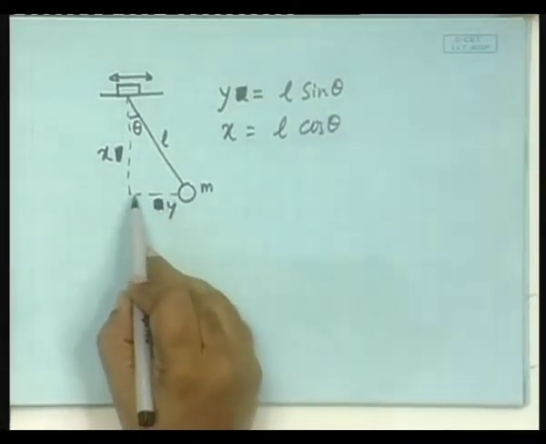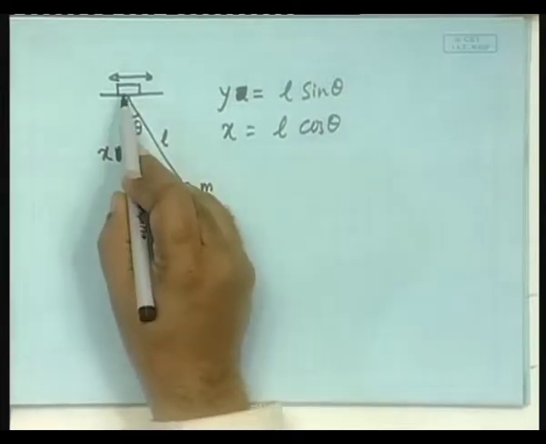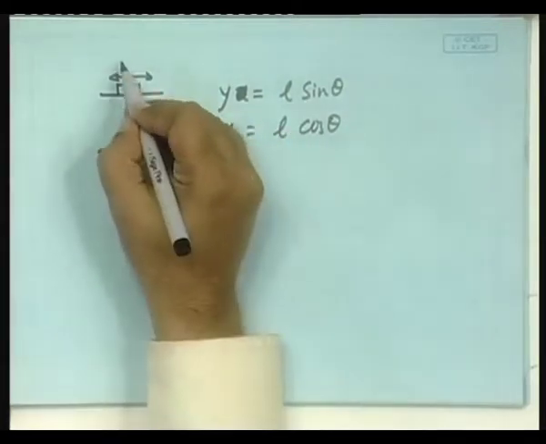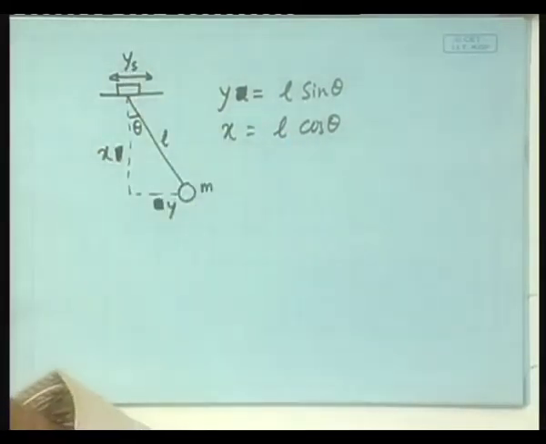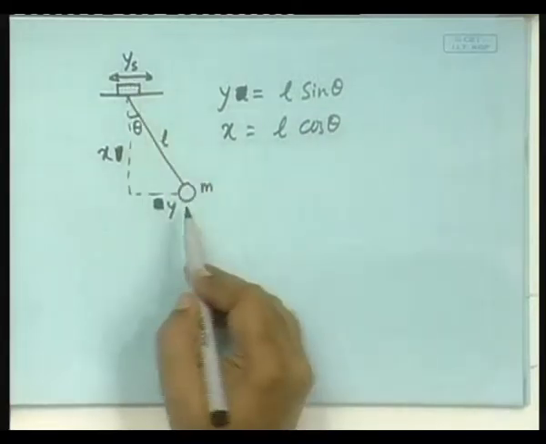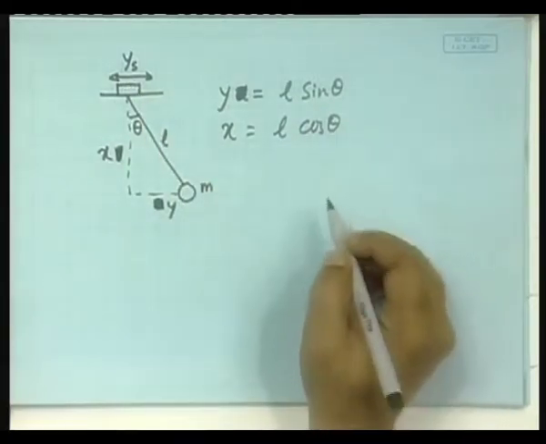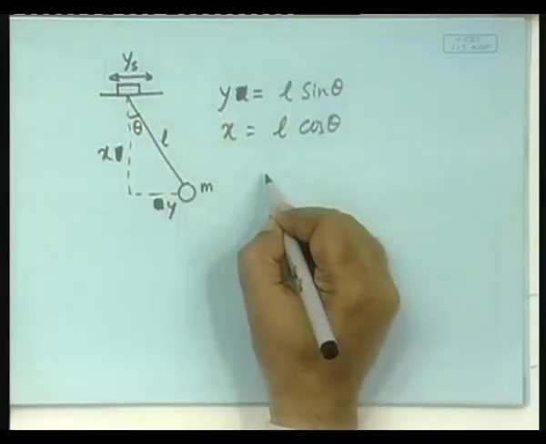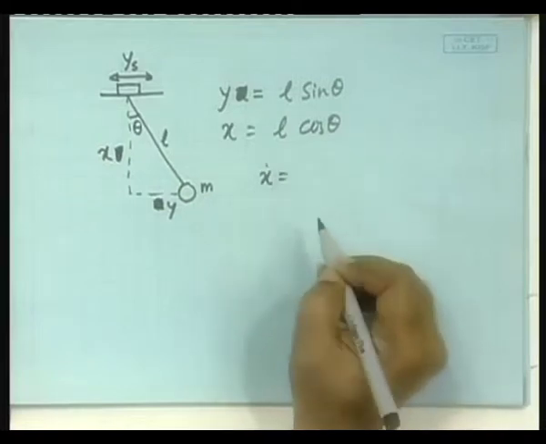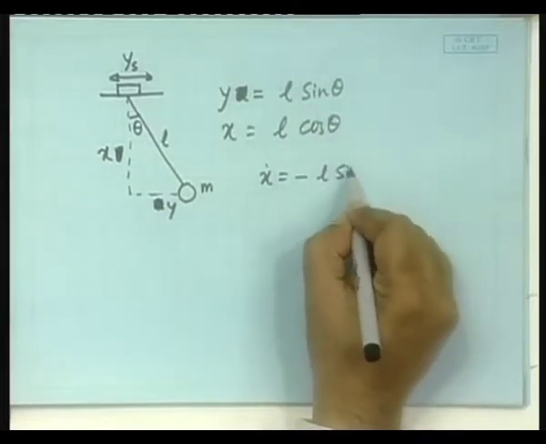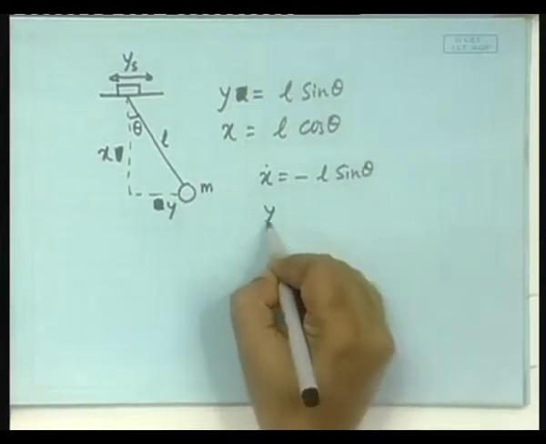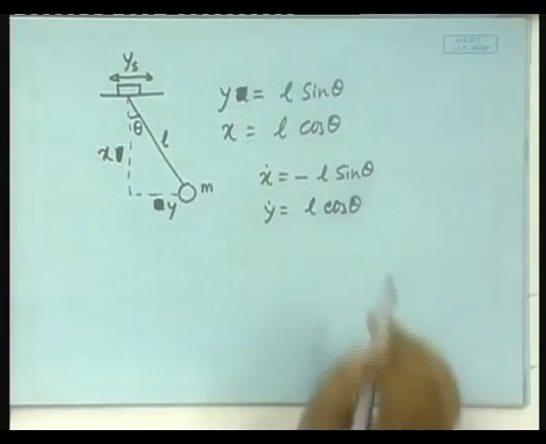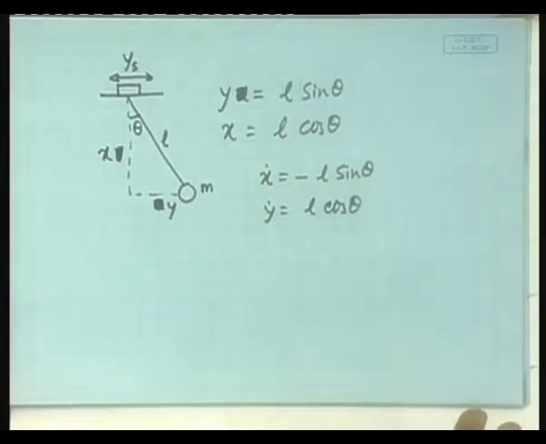Now, your additional thing is adding to the y. Okay. Suppose that suspension's movement is called ys, and this fellow's position is y. If this fellow is not moving, then you can say your x dot is minus L sin theta and y dot is L cos theta, right?